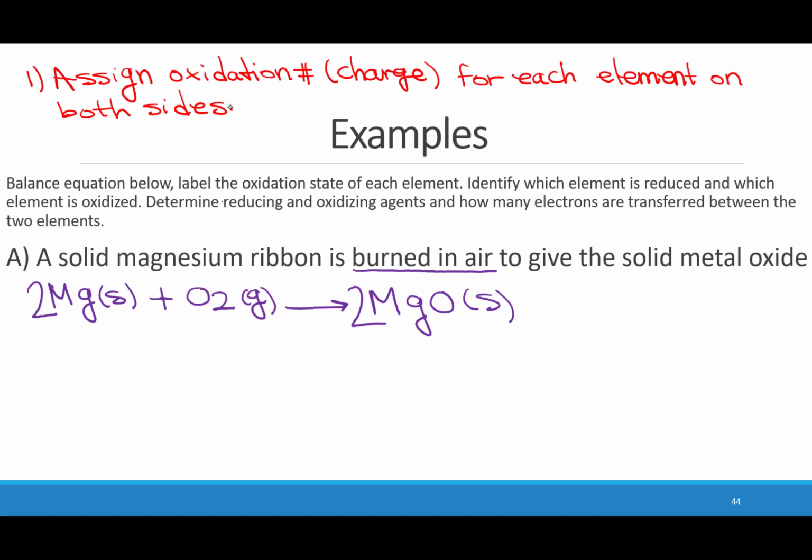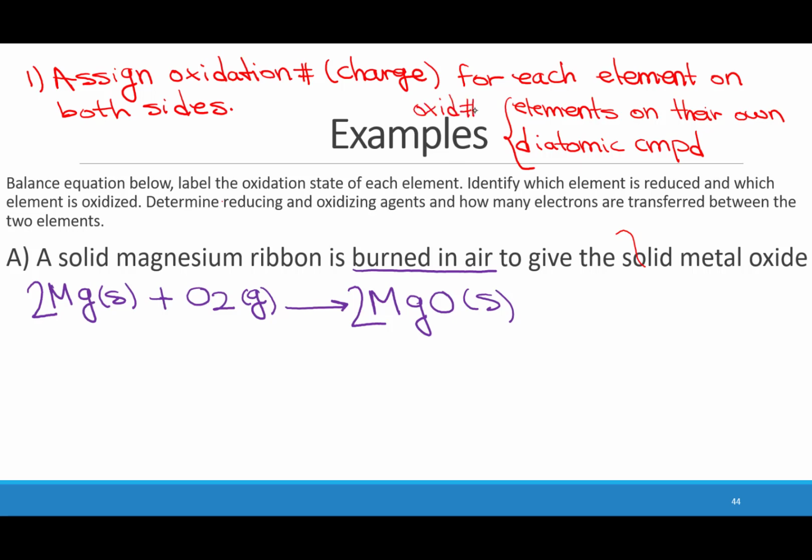Elements on their own and diatomic compounds, their oxidation number is 0.